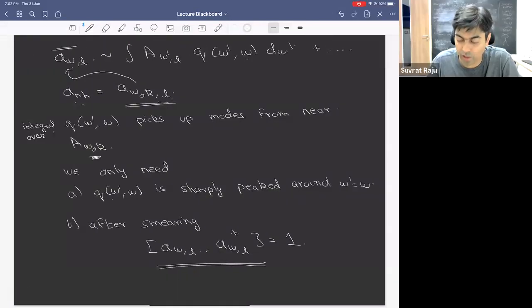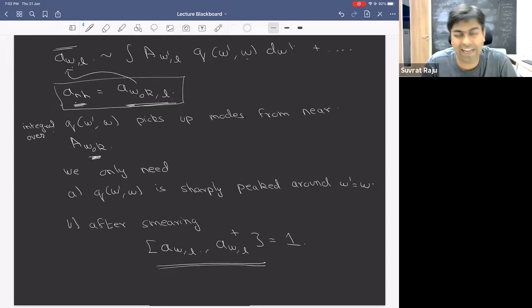So this small A omega L is defined as, you can think of this as being the definition of what I'm calling small A omega L. If you define the near horizon modes with some frequency omega naught, on the right hand side you get A omega naught K times L. Once you're given this definition, you know how to define the near horizon modes with some frequency omega naught, and therefore you can work out what the smearing function Q omega prime L is.